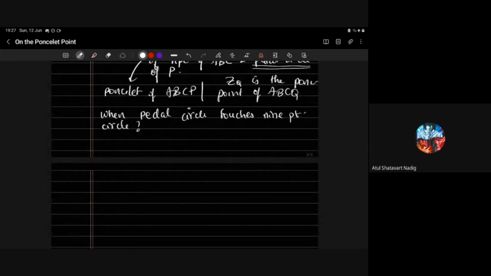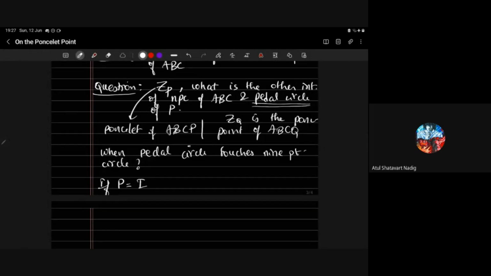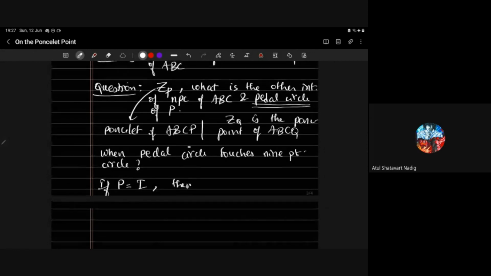Anyway, so here's the thing: if P is equal to the incenter I of ABC, then the Poncelet point of ABCI is the Feuerbach point.